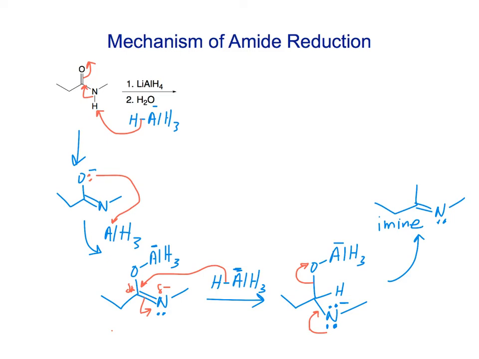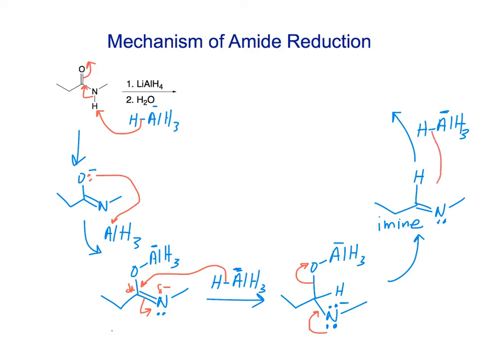All right, so now we're just going to reduce this carbon-nitrogen double bond just like we did this other carbon-nitrogen double bond. Professor, did we add a carbon on there, or is that just supposed to be a hydrogen? Oh, that's supposed to be hydrogen. Yep, thanks. All right, so let's just do the whole same thing again. Right, so we need a lot of lithium aluminum hydride for this, right?